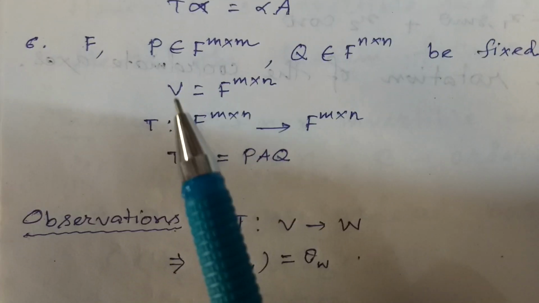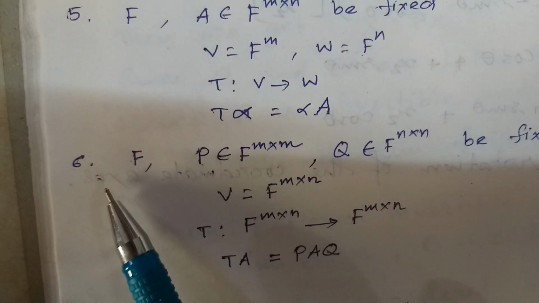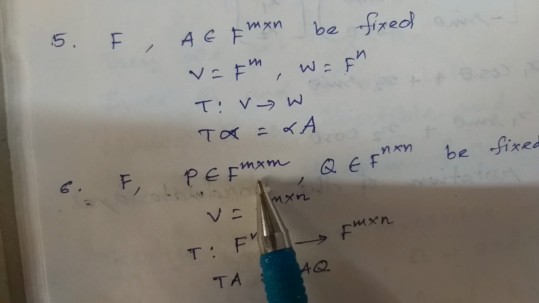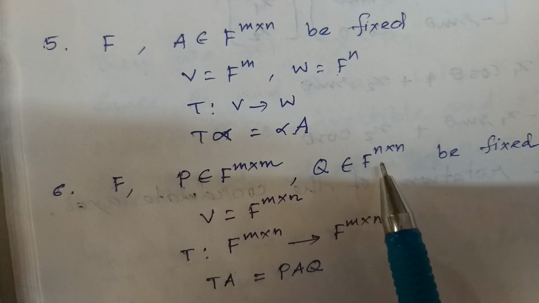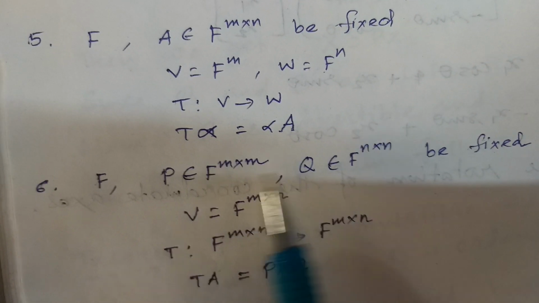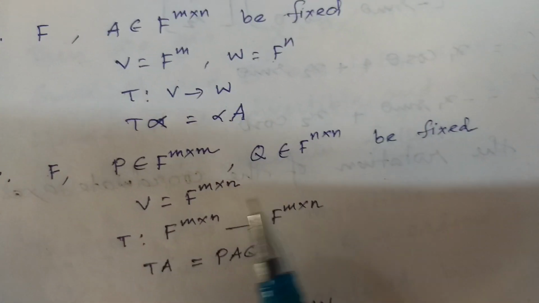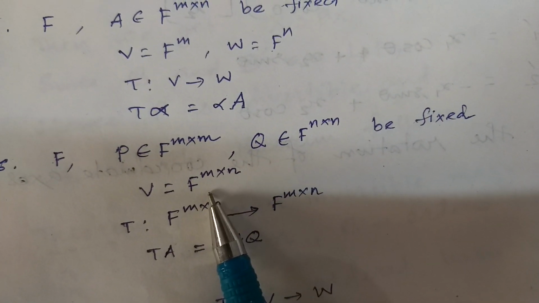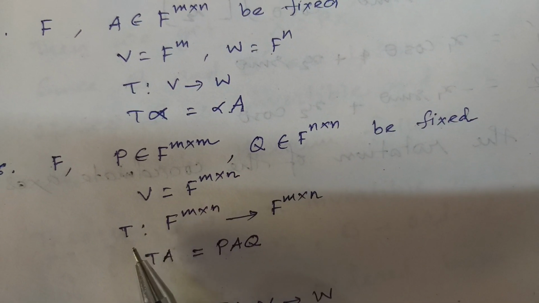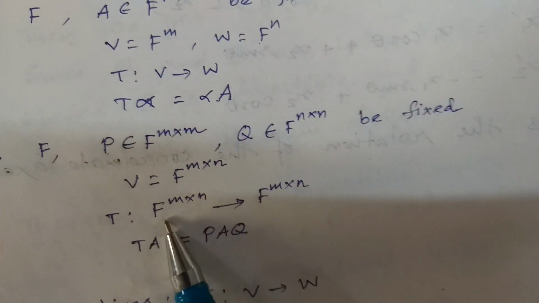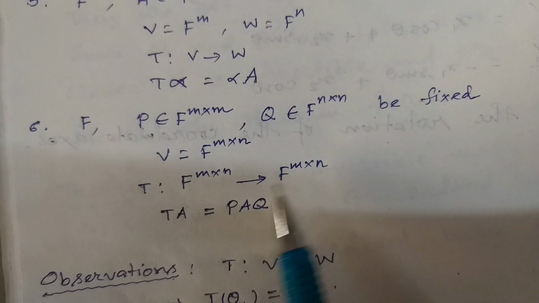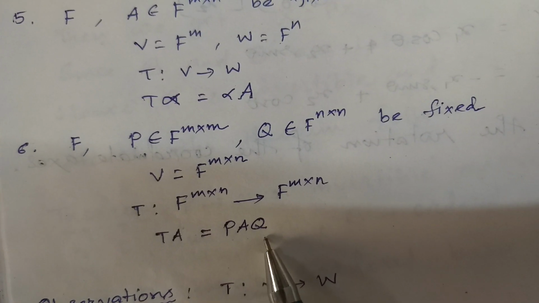Example number 6. Let F be any field and P be a square matrix of order m, Q be a square matrix of order n, and these two matrices are fixed. V is the space of all m × n matrices over F. Now T is a mapping defined from V to V by T(A) = PAQ.